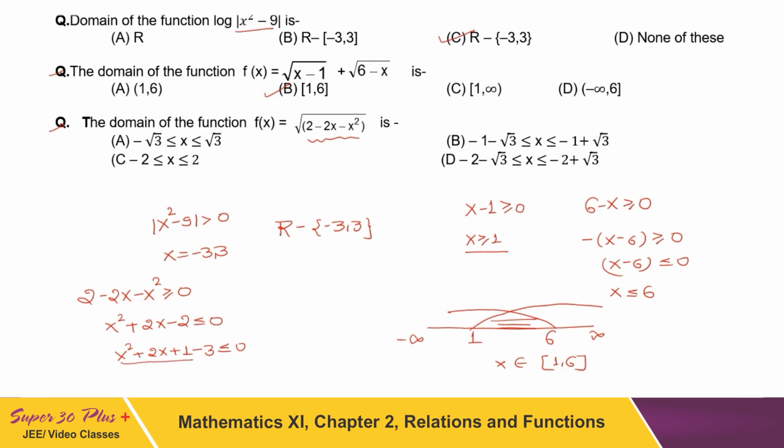This is the perfect square, meaning (x plus 1) whole square is less than or equal to 3. Now simplify it. |x plus 1| is less than or equal to root 3. Now solve it. x plus 1 lies between minus root 3 and root 3, meaning x lies between minus 1 minus root 3 and minus 1 plus root 3, so our answer will be option B.